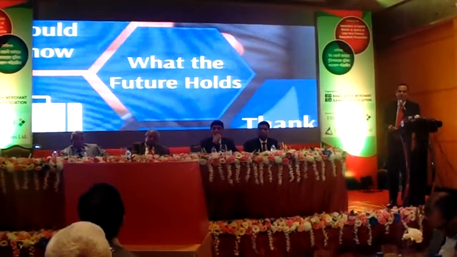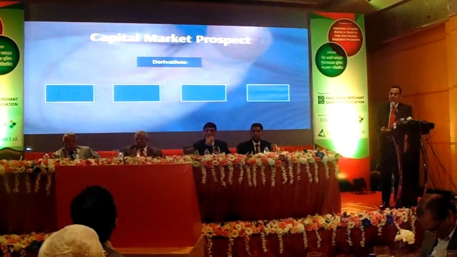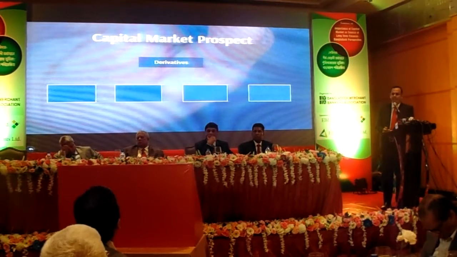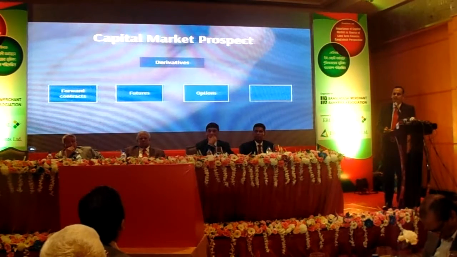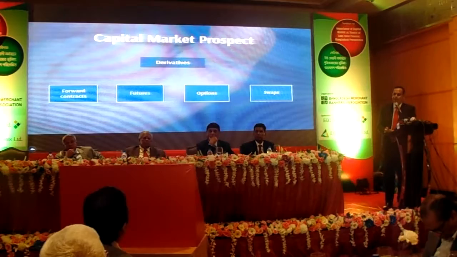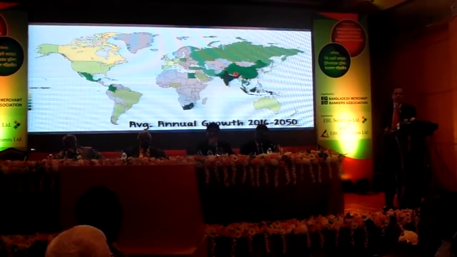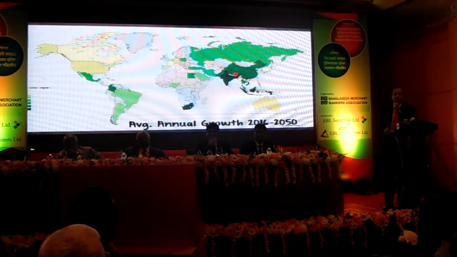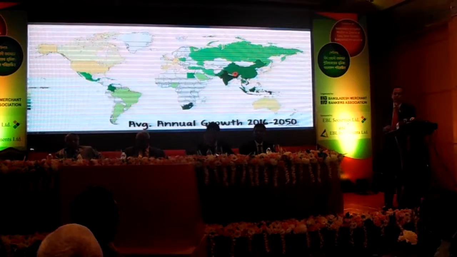Our future holds, and we expect further depth of our capital market by bringing diversified products like derivatives in the form of forwards, futures, options, swaps, etc. And lastly, I want to show you a global picture as to the positioning of our country in the zone of high growth regions.